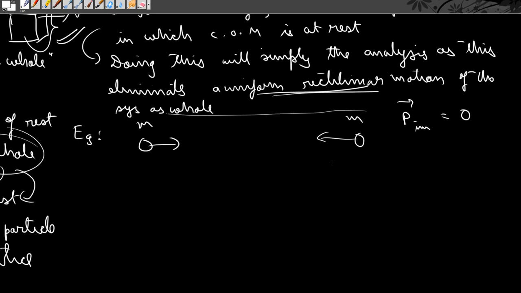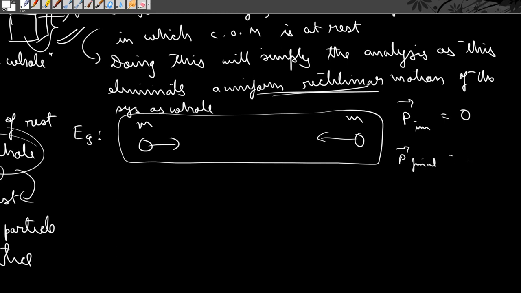If I consider the entire two particles as a system as a whole, then this system is closed. Okay, and in our previous lecture we had seen that the total momentum for this system is conserved, so P final should also be equal to 0.